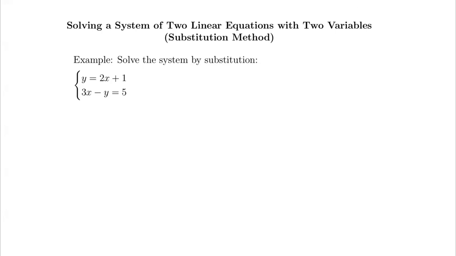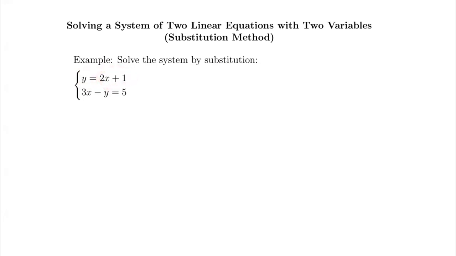The key idea of using the substitution method is having one of the variables solved in terms of the other variable. So for instance, in this system of equations, the first equation is already in nice form. In this equation, the variable y is expressed in terms of x.